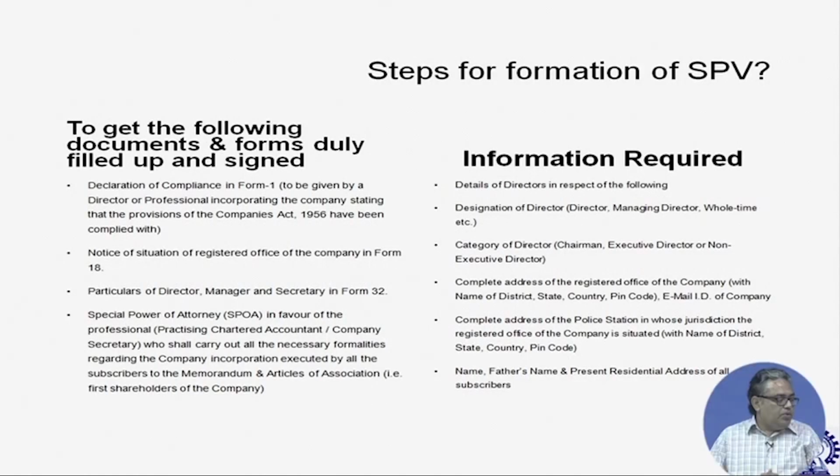Then you have to give the notice relating to the registered office of the company, and there is Form number 18 which I have given to you. Then you need to have a particular director, manager or secretary, and their name should be mentioned in Form 32, who is going to discharge this particular function.